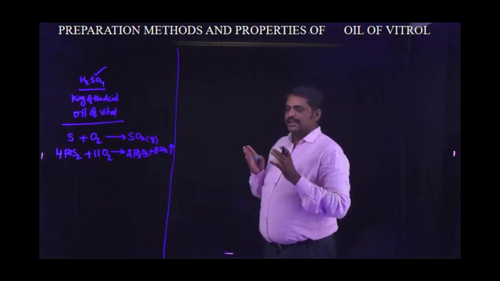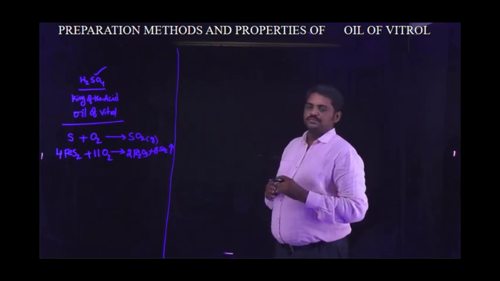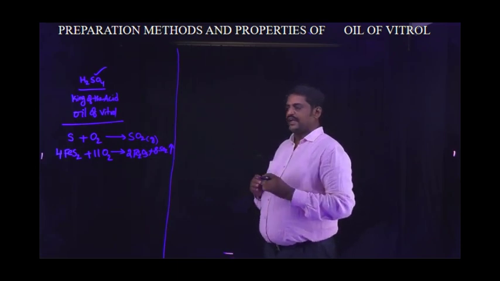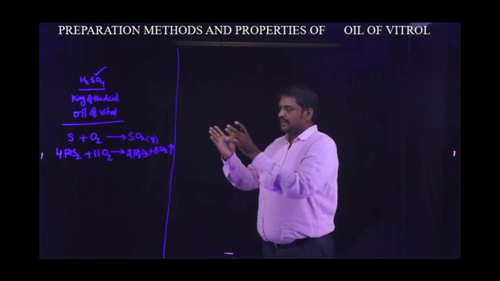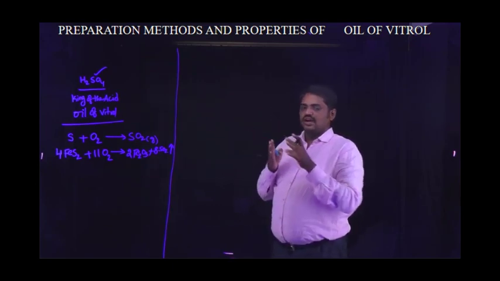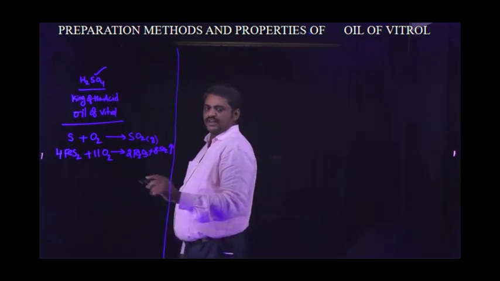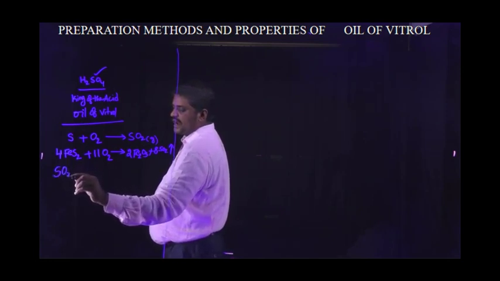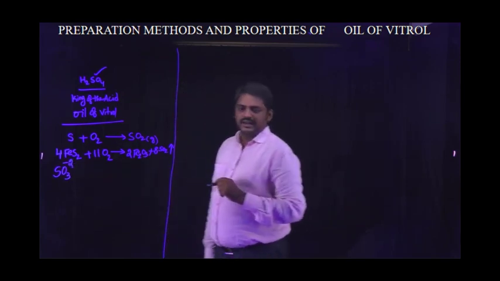First, to prepare sulfur dioxide gas by using different methods. Simple method, sulfur reacts with oxygen to produce sulfur dioxide. And iron sulfide reacts with oxygen in the ratio of 4:11 to produce hematite and sulfur dioxide. And a final preparation method, this is also a very simple method: sulfite ion.